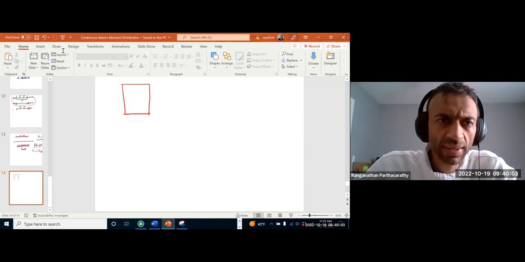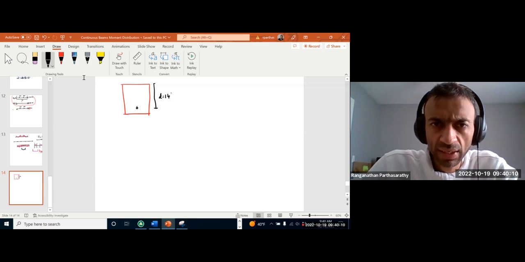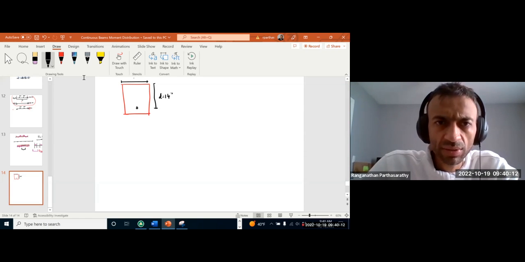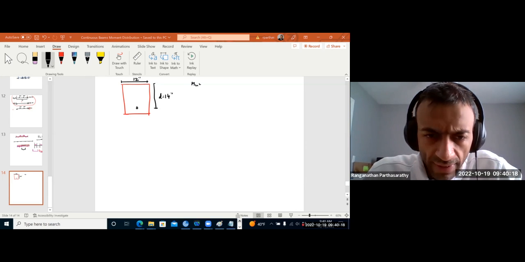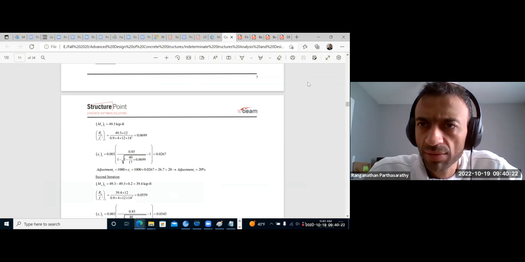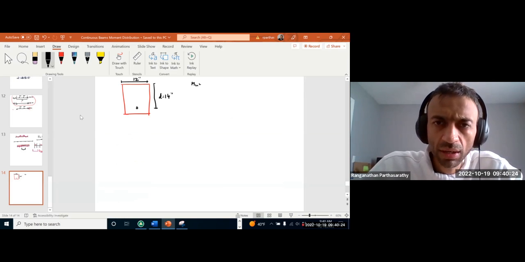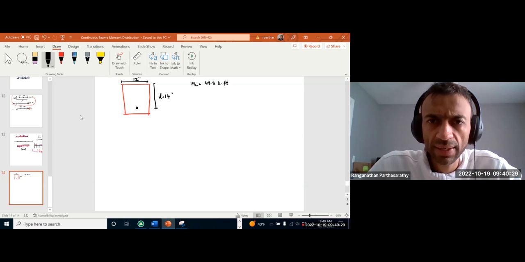What do we have here? We have reinforcement here. Effective depth d is 14. We have 12 inch. We have Mu is 49.3 kip-feet, right?